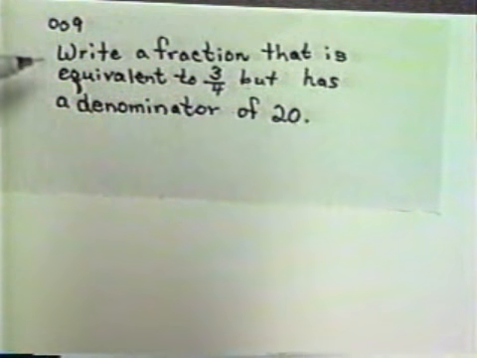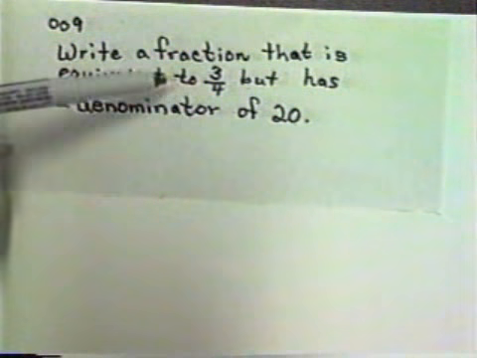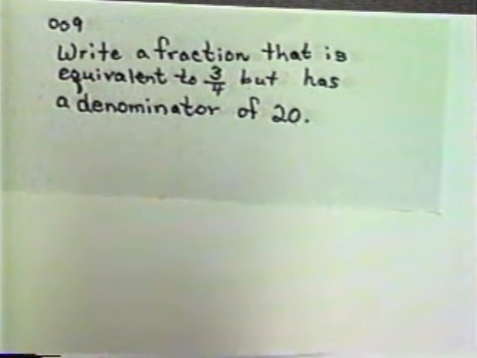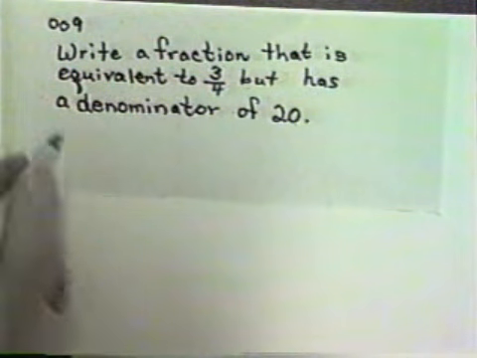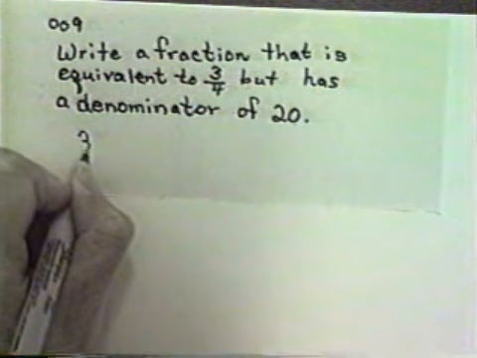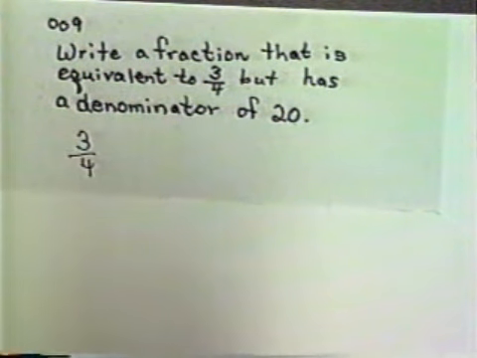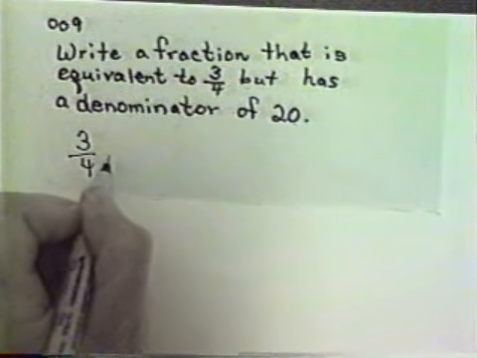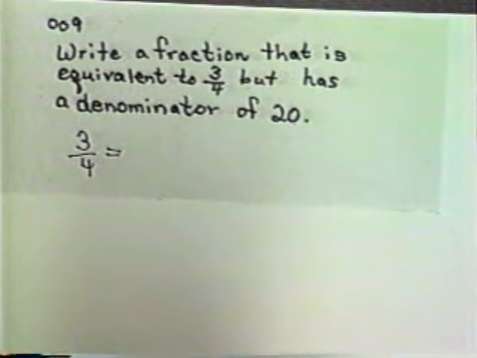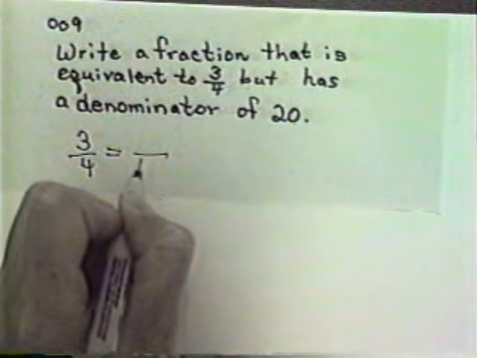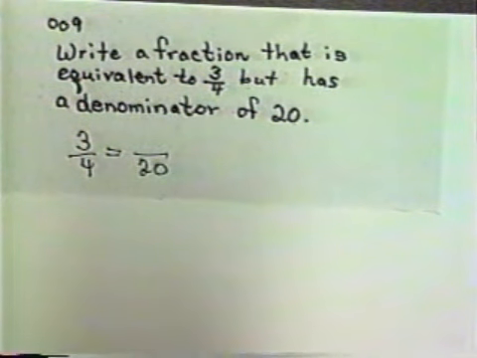Sometimes we're asked to do something like this. Write a fraction that is equivalent to 3/4 but has a denominator of 20. So we want to start with 3/4 and change it into another fraction that's equal to it, but this time we want our denominator to be 20.